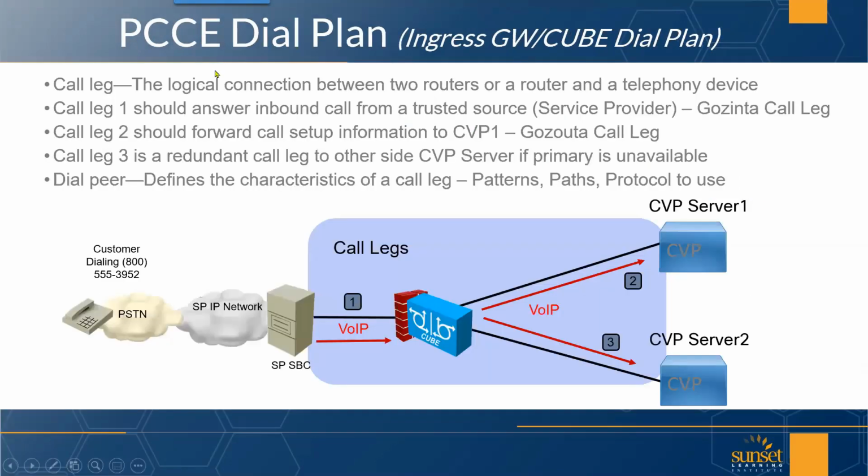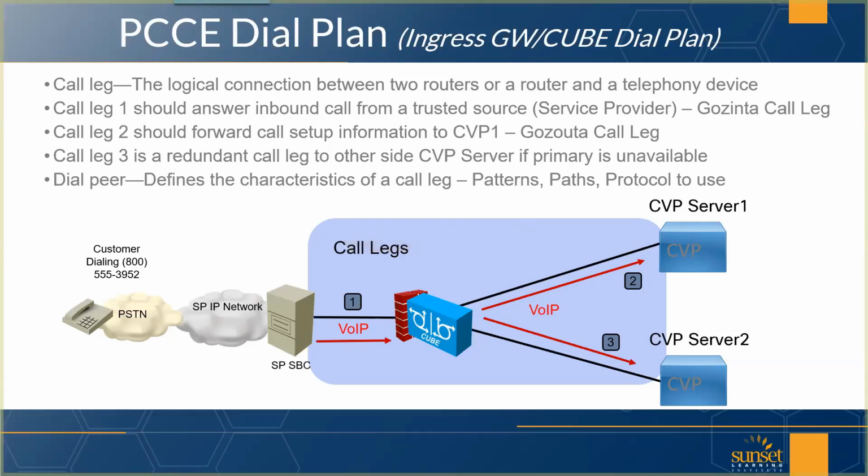If we look at something of a high level of a gateway environment, just to put these patterns and paths and call legs in some sort of context, here we see an ingress gateway. It looks like this is a CUBE, and the reason I can make that assumption is that we've got VoIP in the exchange environment and VoIP coming out into our network.